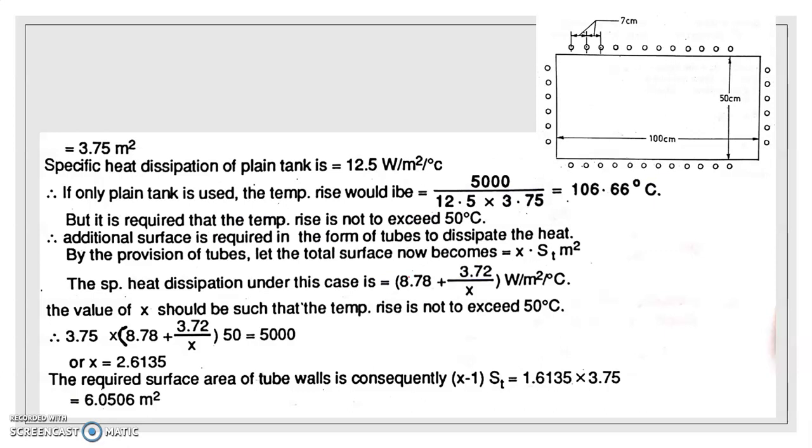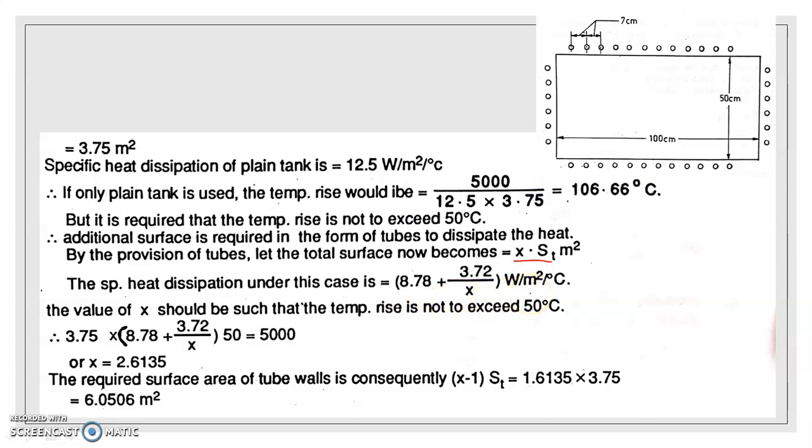So by the provision of the tubes, let the total surface now become x times St meter square. We have to calculate the tube area which is to be included, that is x times St, and the dissipation in this case is 8.78 plus 3.72 upon x. It is in watt per meter square per degree Celsius.